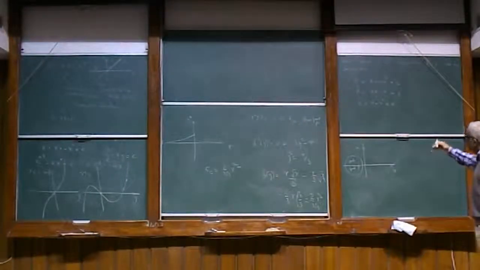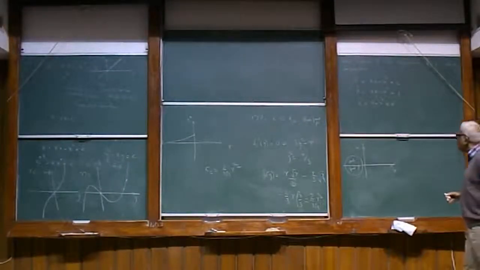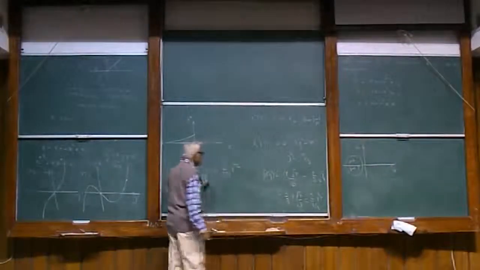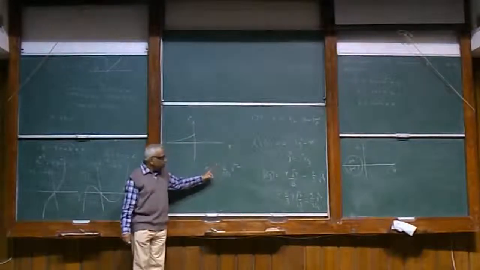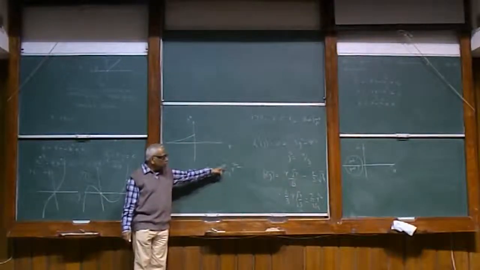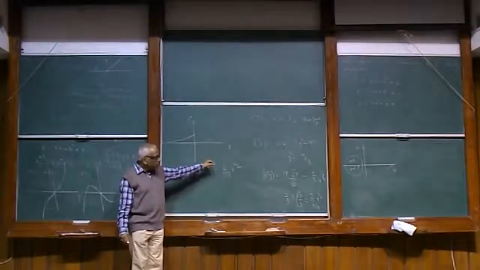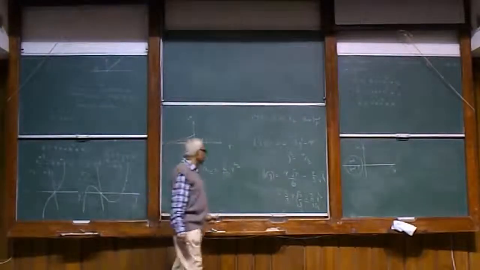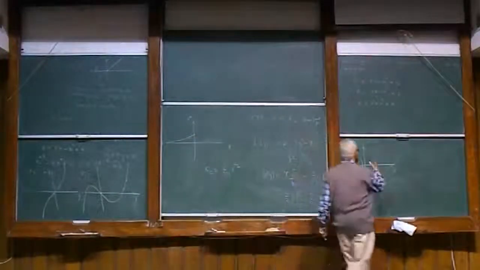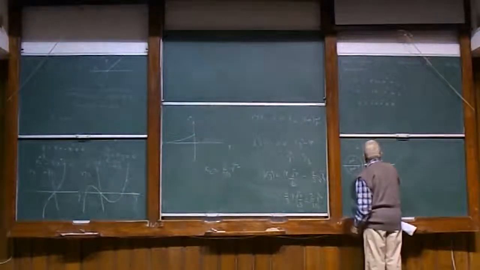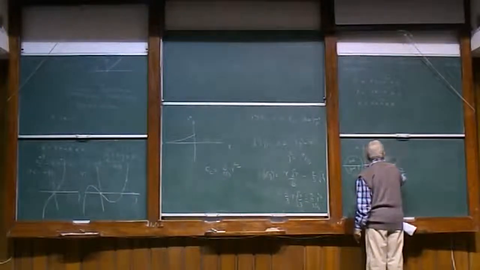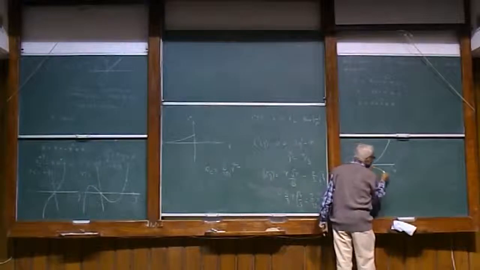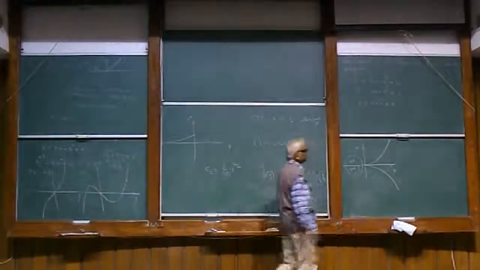If epsilon is positive and greater than this value epsilon c, epsilon c equal to r to the power 3 by 2 defines a curve in the r epsilon plane. So it is epsilon equal to r to the power 3 by 2. So it goes off for positive epsilon like this, and for negative epsilon goes like this.